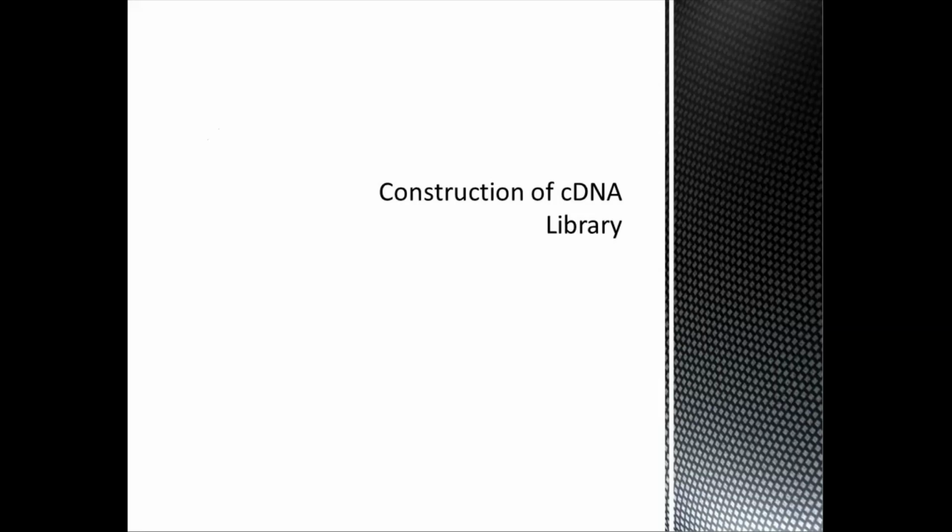Now, there are several steps for the cDNA library preparation. The basic steps: first, we have to select a suitable organism, and from this organism we are going to isolate the mRNA. Once we get the mRNA, we use the reverse transcriptase enzyme to create a cDNA.